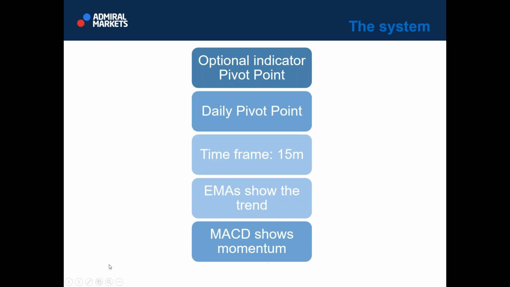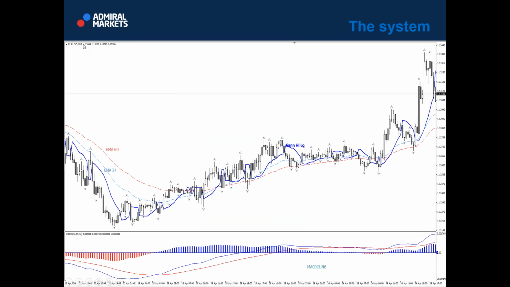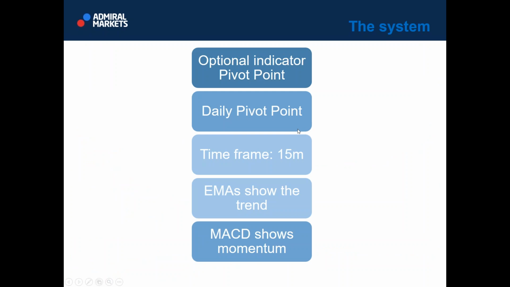So you will have everything included: the template, the indicators, and of course, an optional pivot point indicator. For this system, we need daily pivot point. Why daily? Because we trade this system on 15-minute time frame. If we were using it on, let's say, 1-hour or 4-hour time frame, then instead of daily pivot points, we would probably be using weekly pivot points. So because of 15-minute time frame, we use daily pivot points.